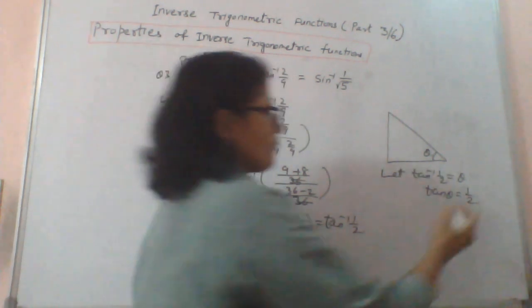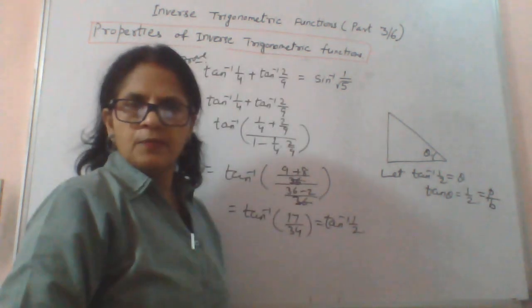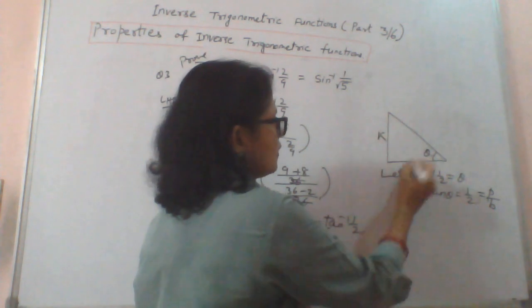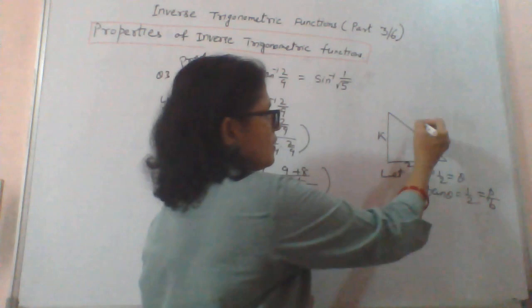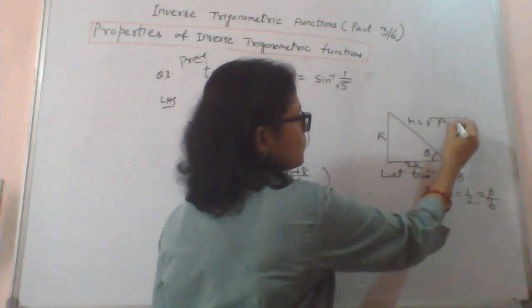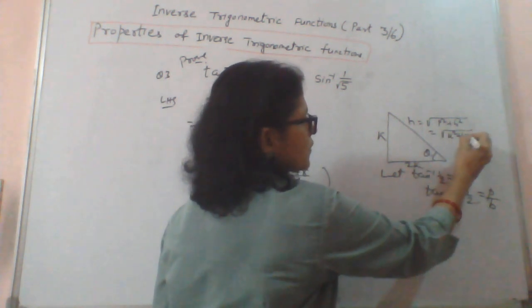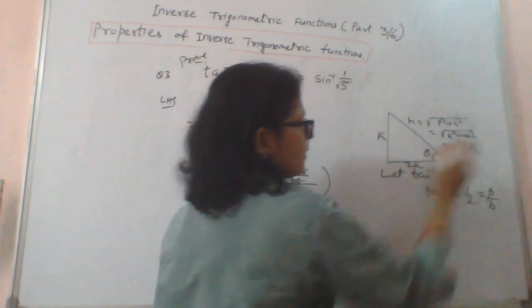Tan theta 1 by 2 means P by B. So P and B are in the ratio 1:2. P is K, B is 2K. Now H will be root of P square plus B square, means K square plus 4K square. So you are getting root 5K.